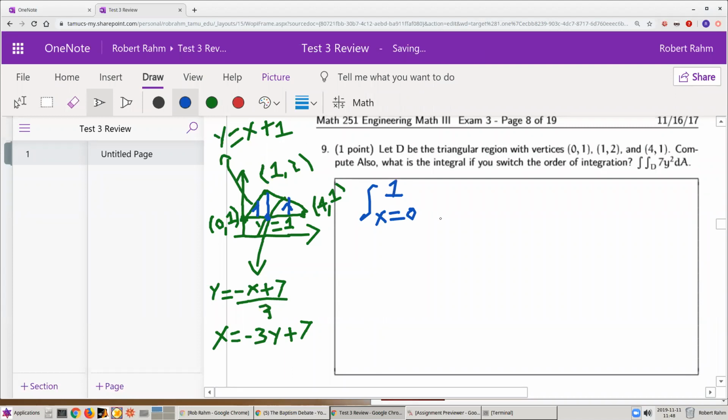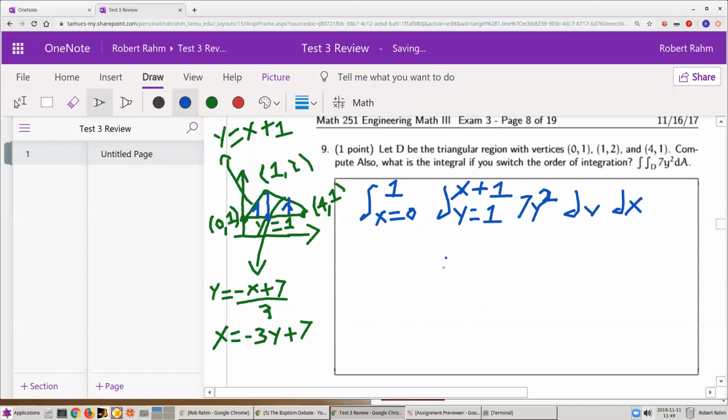Okay, the inner y integral for this one, y is going to go from 1, from this bottom boundary, up to this top boundary, which is x plus 1. Okay, the function that we're integrating is 7y squared dy dx.